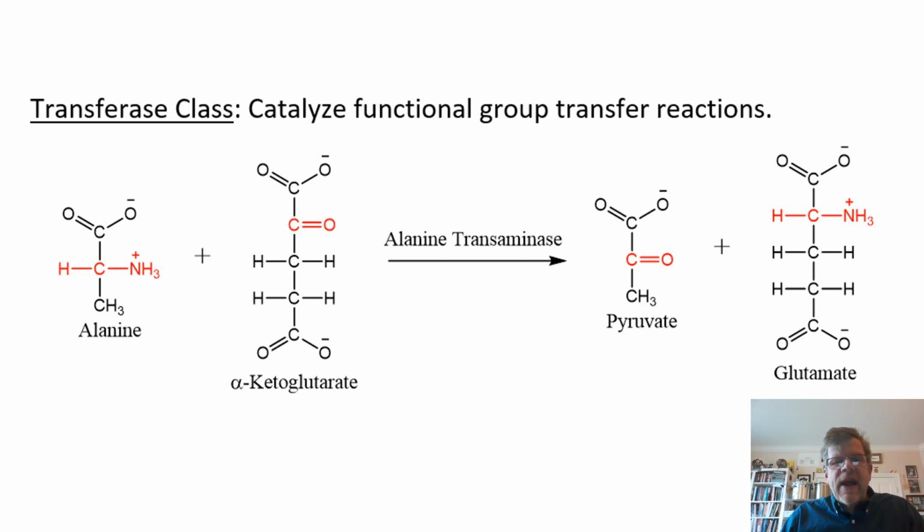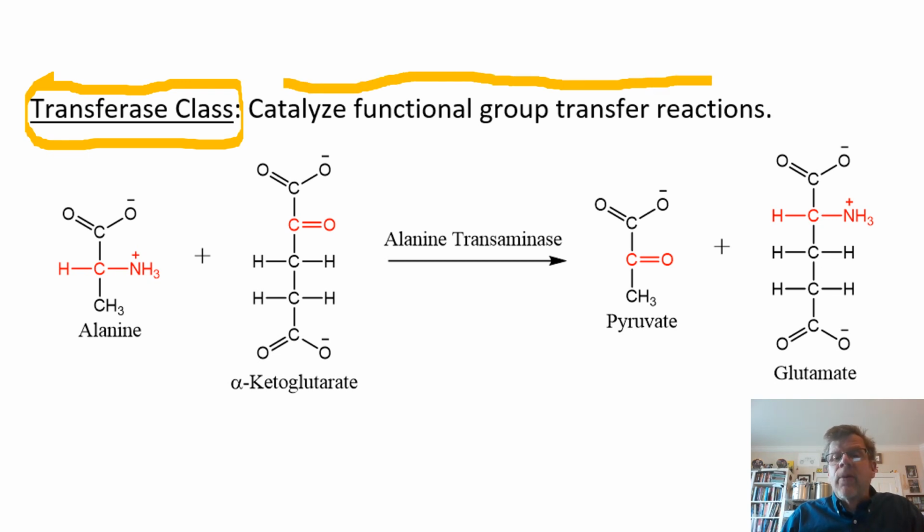transferase. So a transferase class of enzymes catalyze functional group transfer reactions from one molecule to another. Let's look at this particular reaction. We have here alanine. This was one of our 20 amino acids.